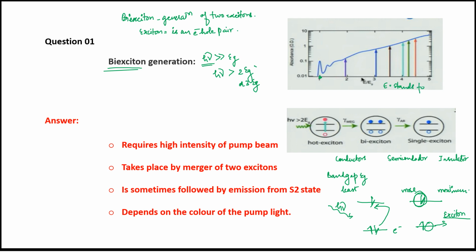At E equals Eg, the normal case, where an electron in this shell is excited to the higher level, you will get a single peak. So this is the band edge absorption. Now next, what can happen?